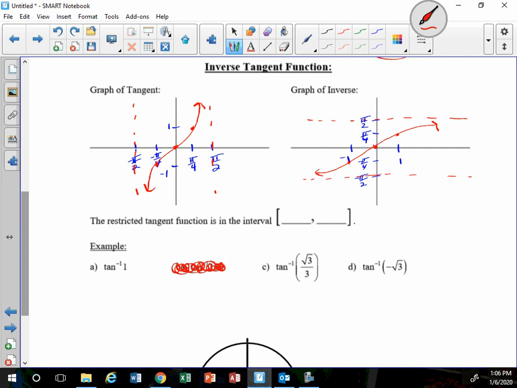Same as sine, yeah, negative pi over 2 to pi over 2. You can see how the asymptotes kind of lead that to happen for you.